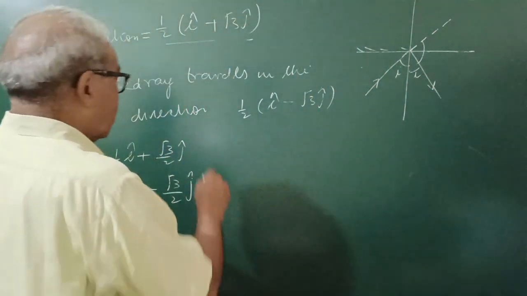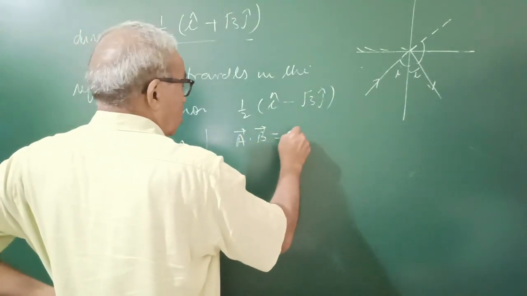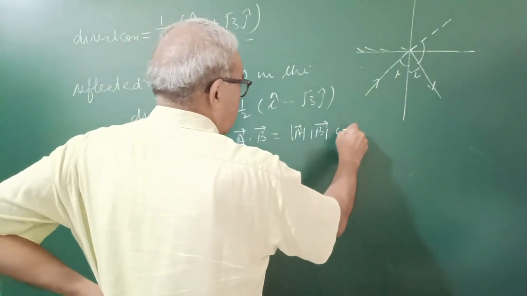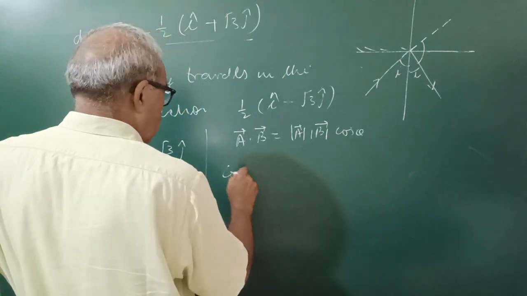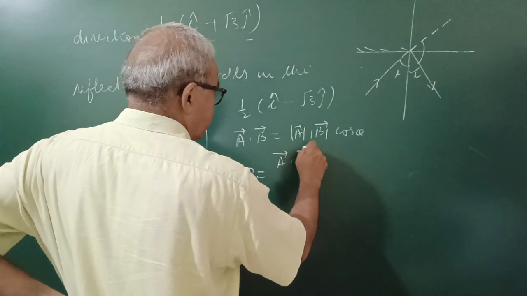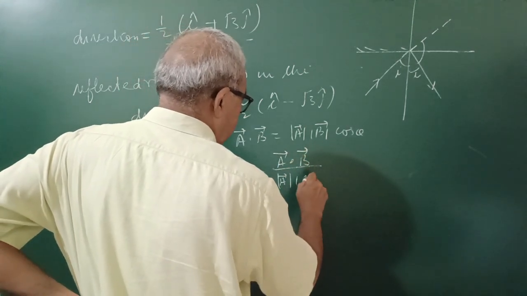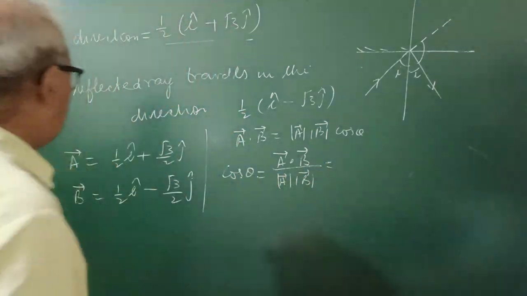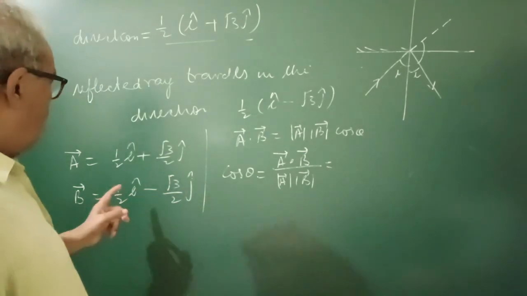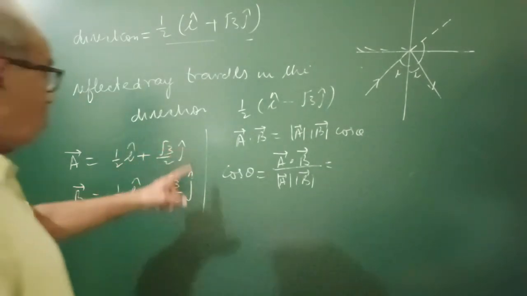From the scalar product we know A dot B equals modulus A modulus B cos theta. So cos theta is equal to vector A dot B upon modulus A modulus B. Here A dot B: i dot i is 1, i dot j is 0, j dot j is 1.